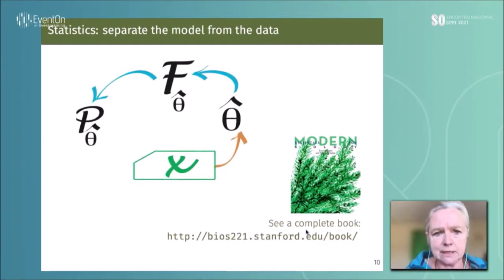So in statistics, it's very important to separate out two things. One is the data themselves, and the other is the model, the ideal model for the data. Now we go from the data to an estimate for the parameter. So the ideal parameter would be the Greek letter theta, and the data gives us the estimate, which is theta hat.